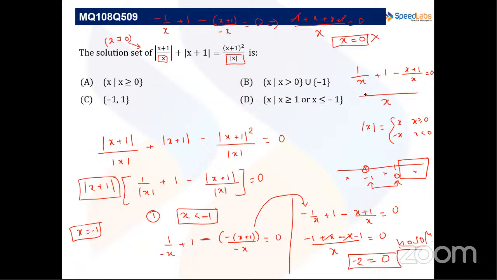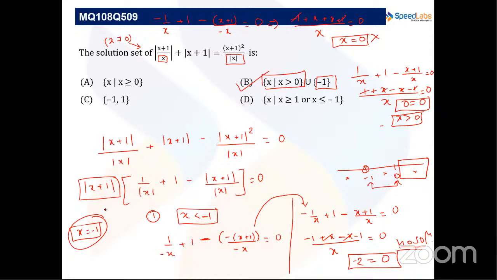In x LCM, we will have 1 plus x minus 1. So that is 0 equals to 0. This condition is satisfied for all the values of x greater than 0. So the correct option is, oh sorry, not A. The correct option is B, this union x equals to minus 1, which we have got from here. Okay.